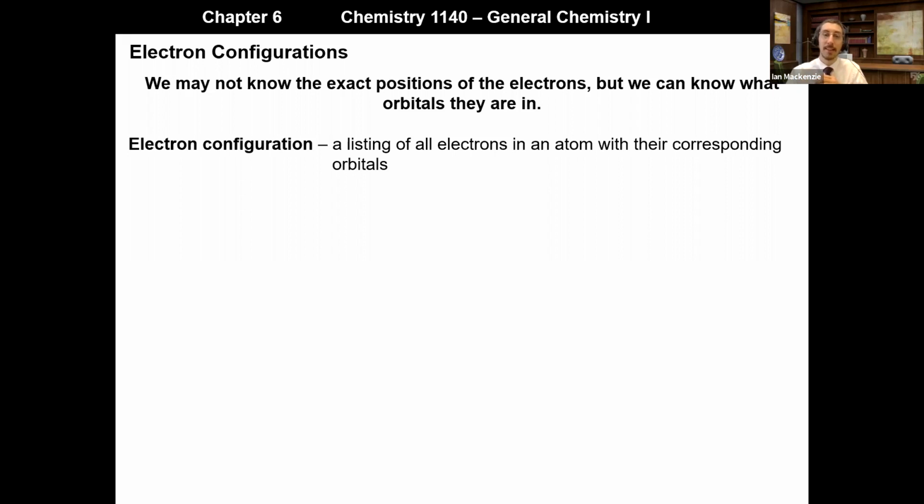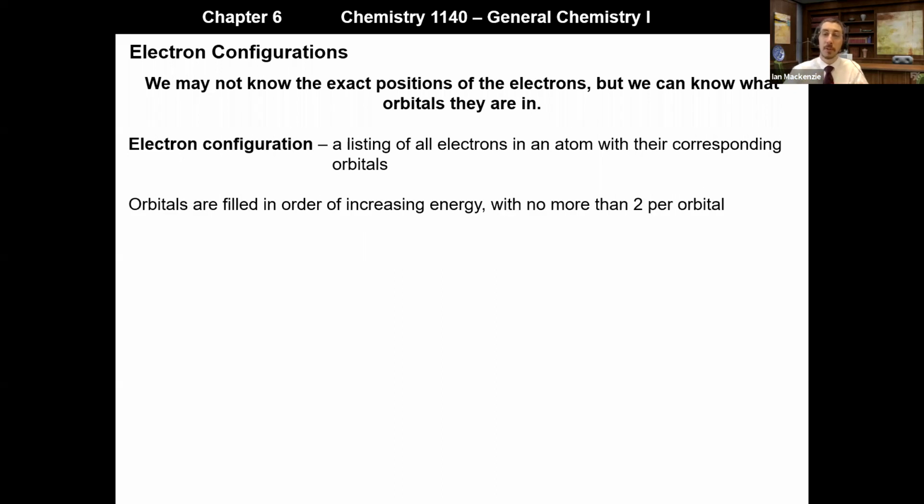It's simply a listing of all of the electrons in an atom, with what orbital those electrons are in. And orbitals are filled when we start to draw or write out an electron configuration. We take the total number of electrons we have in the atom, which we can just get from the periodic table, the atomic number.